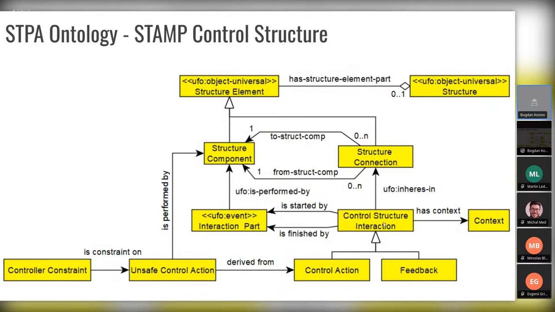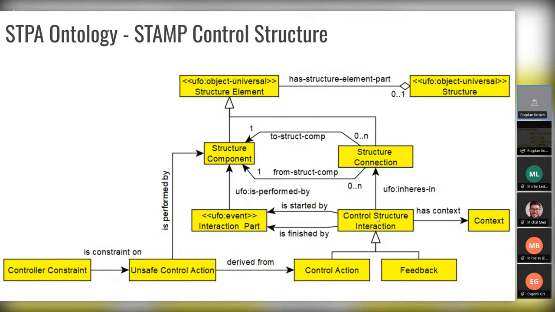So the interaction itself is described through two events, which one starts and one finishes the interaction, and it's performed by the individual parts. So let's say the driver presses the brake and then the car brakes. So these are the two different events.